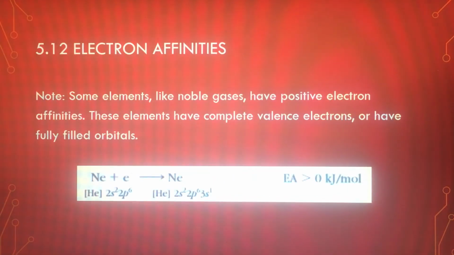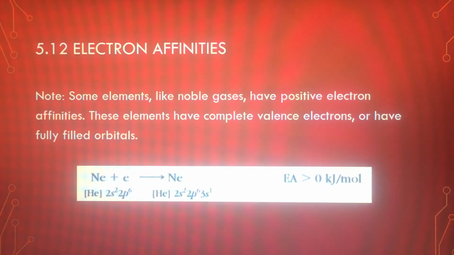Also, noble gases have positive electron affinities. Why is that? Noble gases have complete valence electrons and fully filled orbitals.